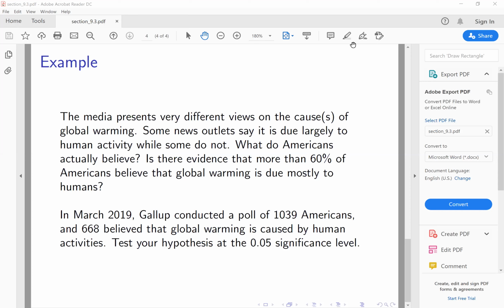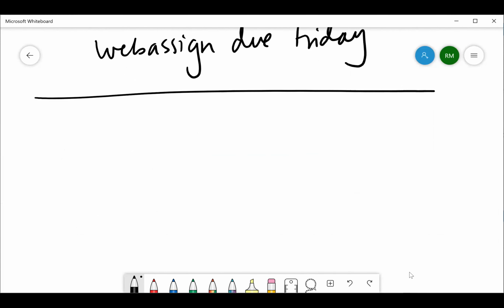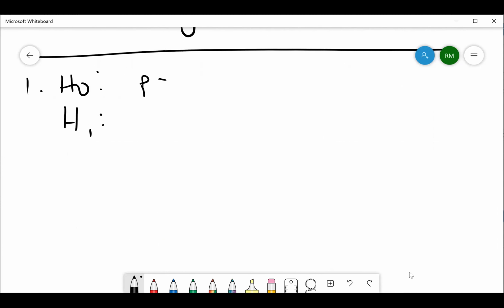So let's work this out. Let's write down our null and alternate hypotheses. The null hypothesis is that the proportion of adults who believe that global warming is mostly due to human activity is 60%, and our alternate hypothesis is that it's actually bigger than 60%. Now we need to calculate our test statistic.